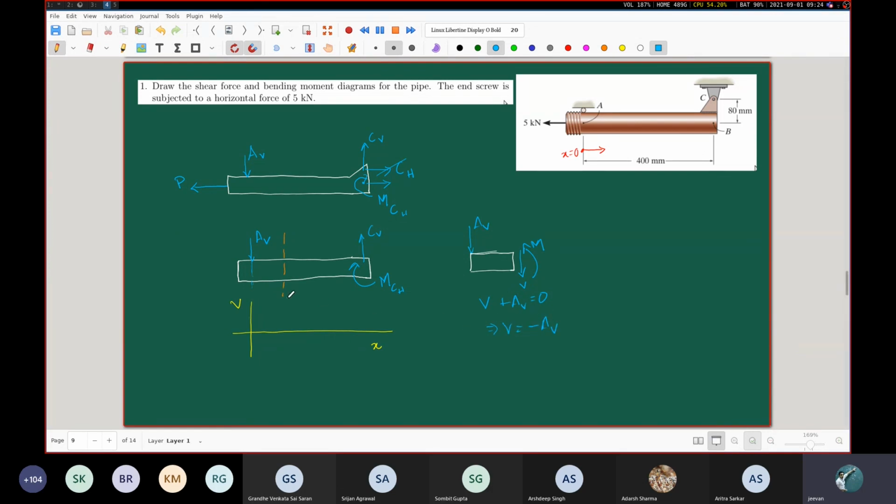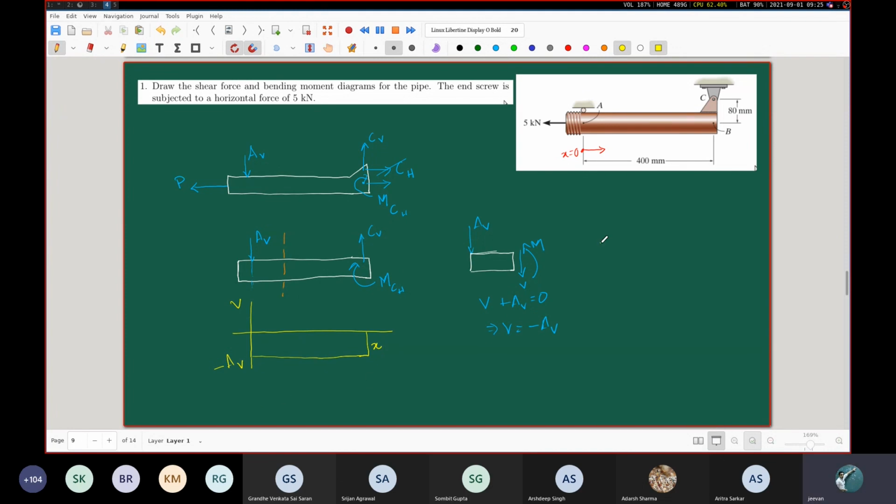You will of course find out that this AV, the answer to it comes out with a positive sign, okay, which is why when you draw the shear force diagram, this V, since it is coming out to be minus of AV and AV itself has a positive value, it will come out like this. This is the shear force diagram, okay. So this value here is minus of AV.